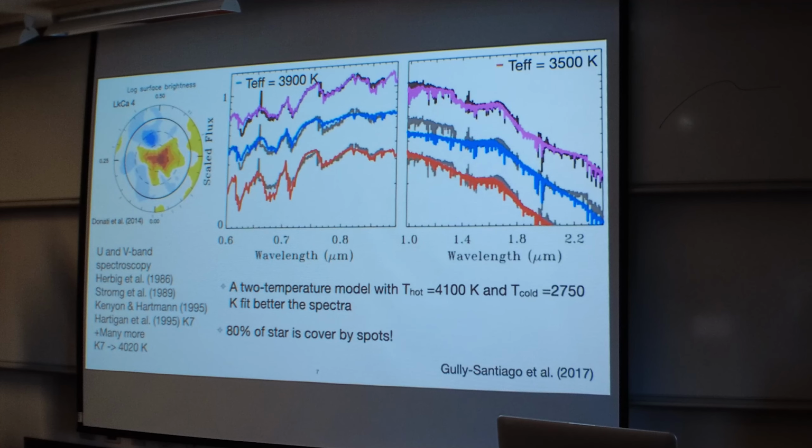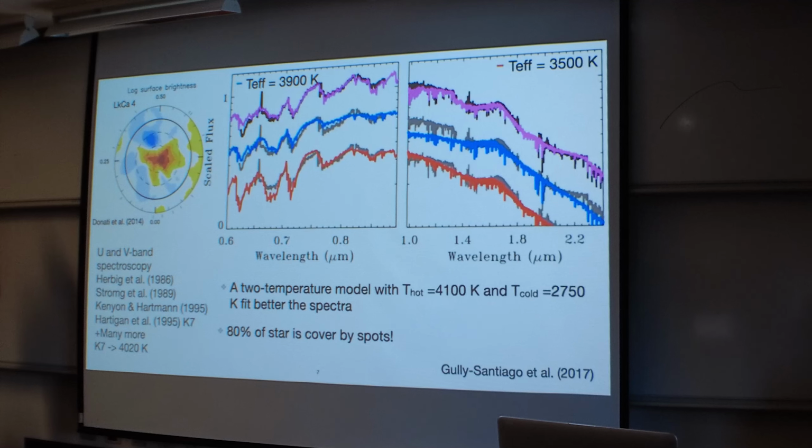And they realize that depending on when you observe the star, some of the lines will change a little bit. It cannot be extinction or disk emission because it doesn't have a disk. So they think it's some kind of modulation from the rotation of the star. So even when you observe it at a different time, the star seems to be super, super spotted anyway.